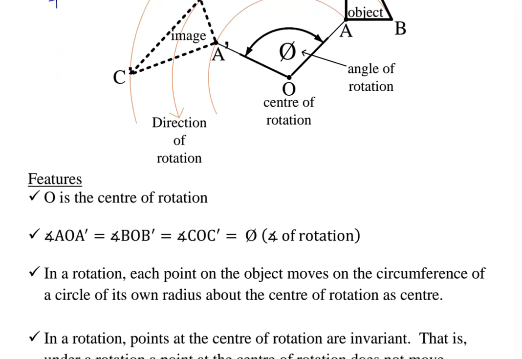Now in a rotation, each point on the object moves on the circumference of a circle of its own radius about the center of rotation as center.